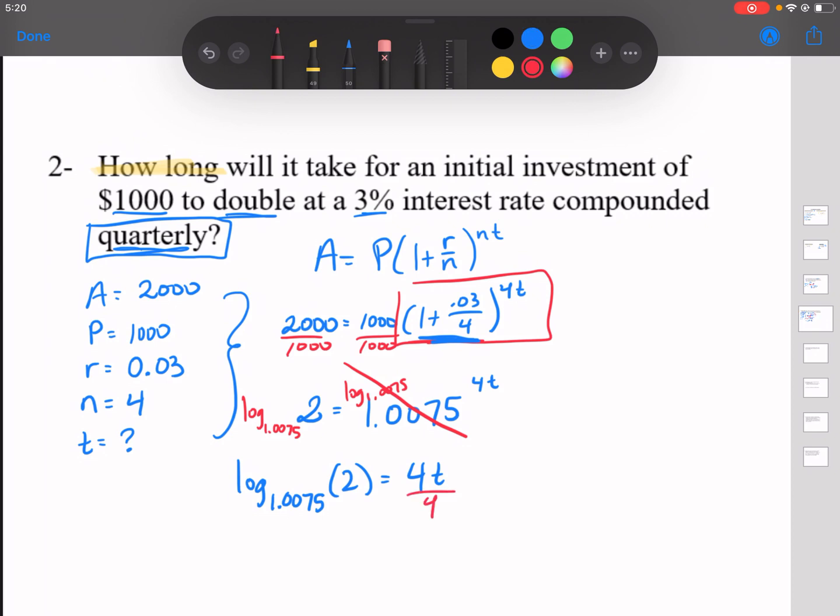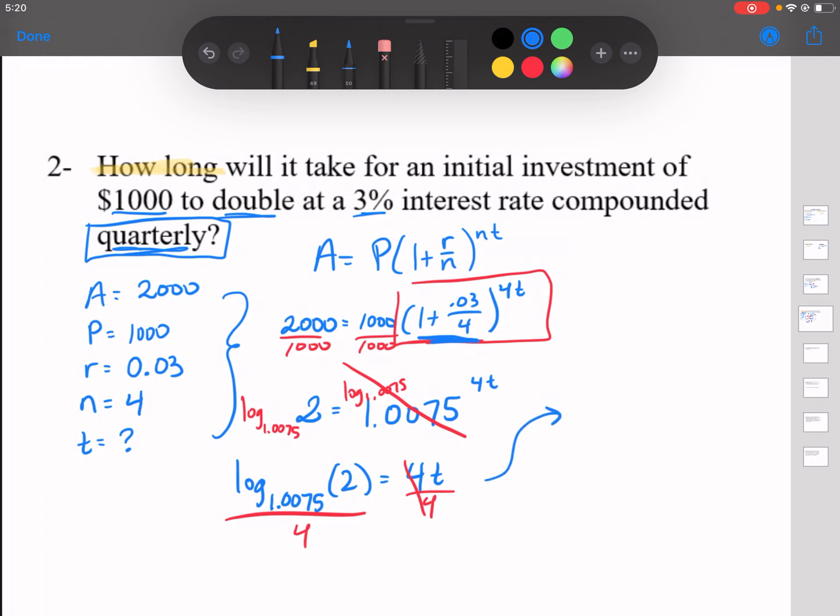And then we'll divide both sides by 4. So in order to type this in, remember, we're going to have to do a change of base formula. So you'll do log of 2 divided by log of 1.0075, and then we'll divide all of that by 4.